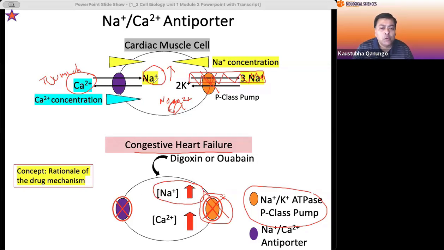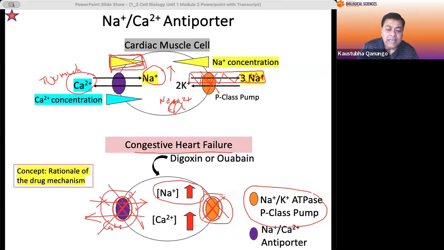But to pump out all the calcium, essentially you need this gradient, and without the sodium being pumped out, the gradient will flatten. That means the concentration outside will become similar to the concentration inside. And sodium will not move in anymore, and that will not pump out the calcium. So this will be stopped as well.